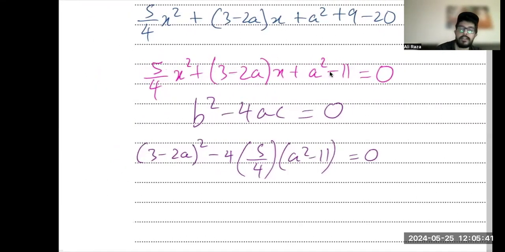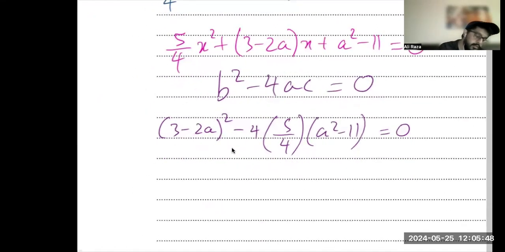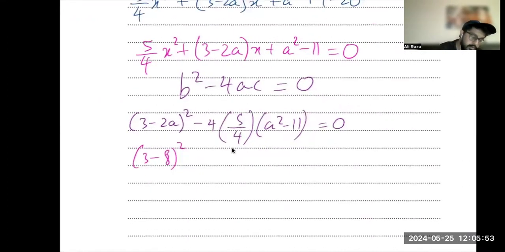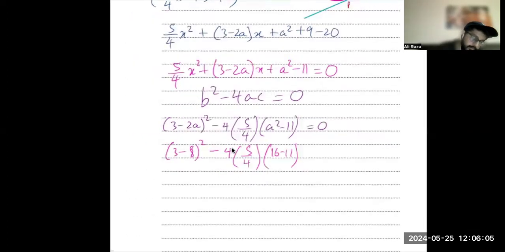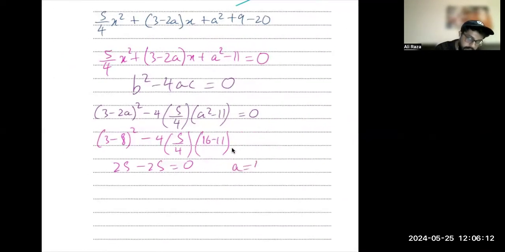Now we need to show that at a is equal to 4, we get the answer as 0. So (3 minus 8) whole squared minus 4 times 5 over 4 times (16 minus 11): 25 minus 25 is equal to 0. a is equal to 4 is proven.